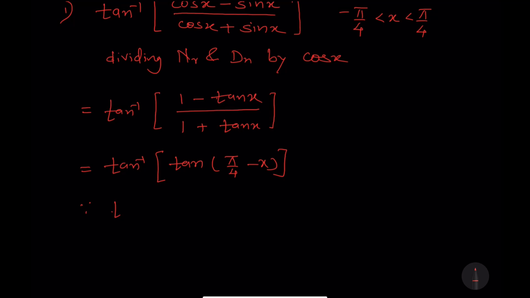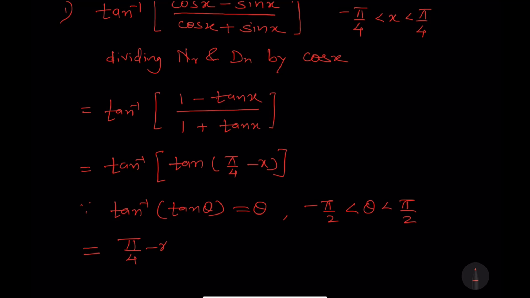what is the requirement? Tan inverse of tan theta is equal to theta when theta lies between minus pi by 2 to pi by 2. So this property we can make use of here. We get tan inverse of tan (pi by 4 minus x) as pi by 4 minus x.